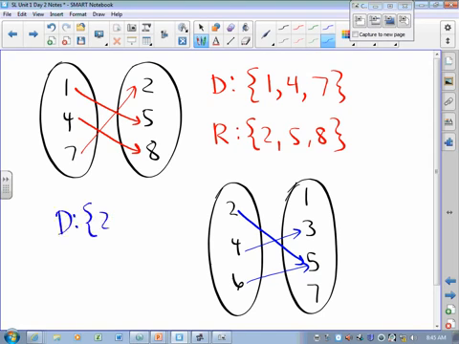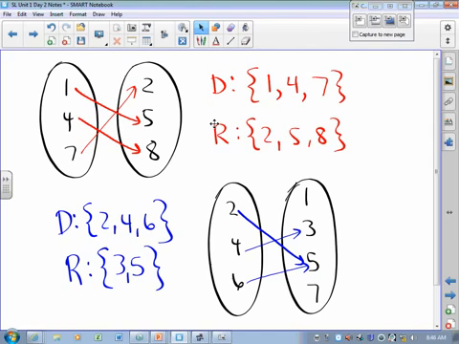So the domain is 2, 4, 6. But the range is only the set of numbers that has an arrow pointed toward them, 3 and 5. 1 and 7 don't have an arrow pointed in their general direction, and so they are not part of the range. Now, domain and range is easy in a discrete case.